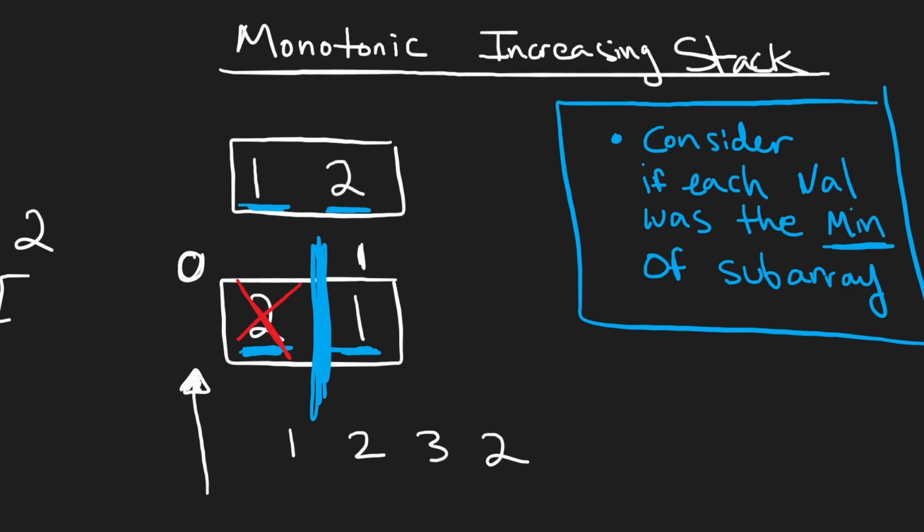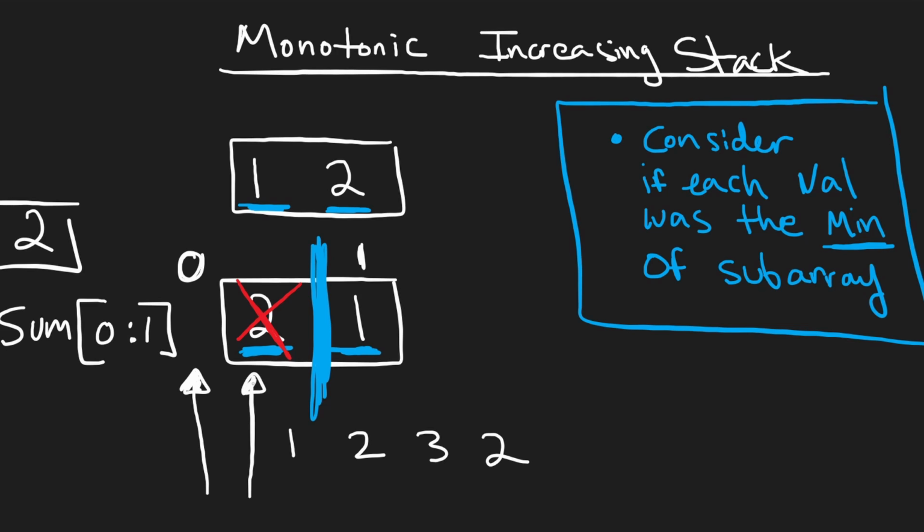So we're going to get the sum of the input array from index 0 up until index 1, but not including index 1, and multiply that sum by 2. Because for this 2 value, we already found the maximum subarray that it was a part of, and now we don't have to consider it anymore. That's why we're removing it from our stack.